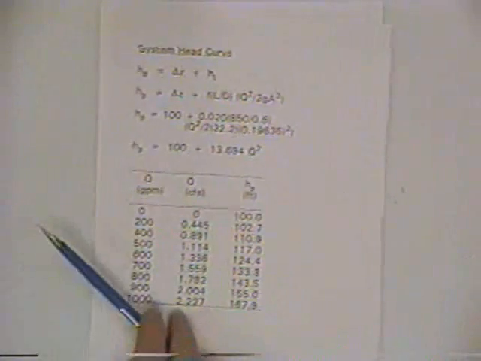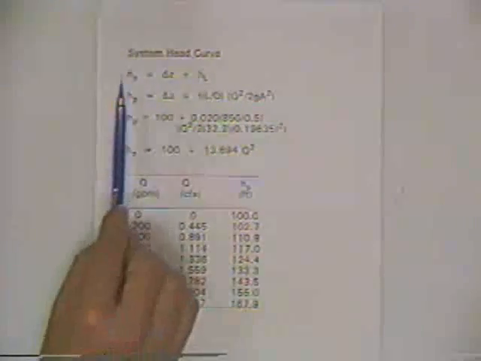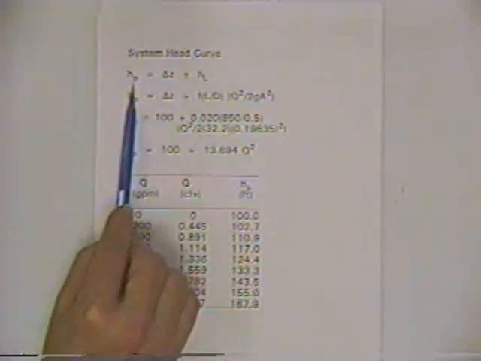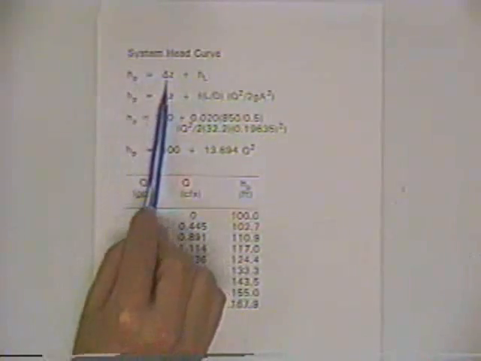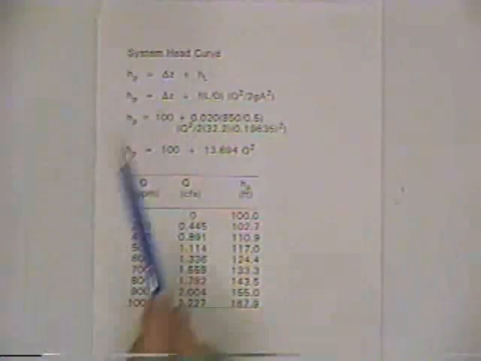And so we use the energy equation just now and determine from the energy equation that the head added by the pump, that term in the energy equation, is going to have to take care of the delta Z, and it's going to have to take care of the head loss.